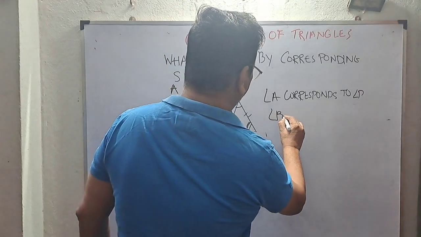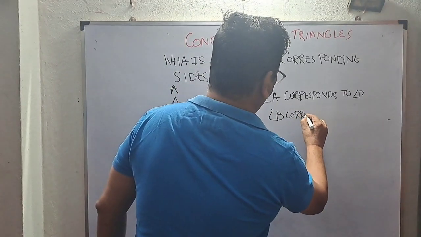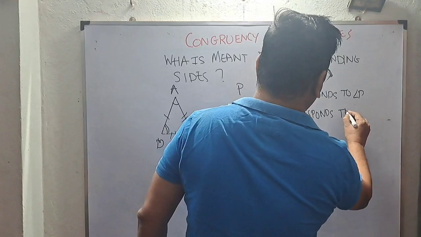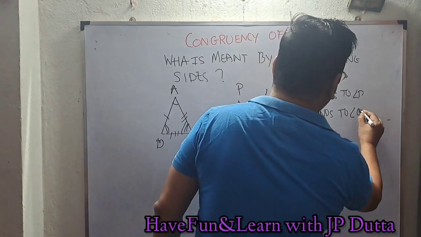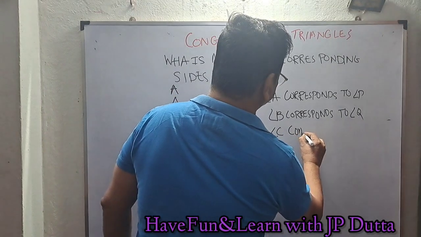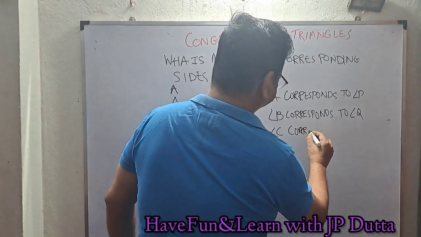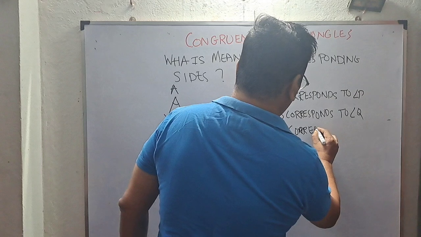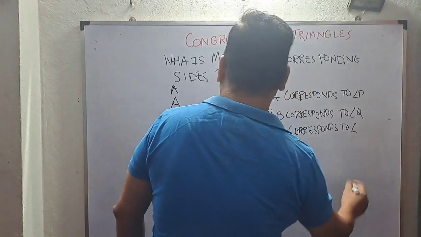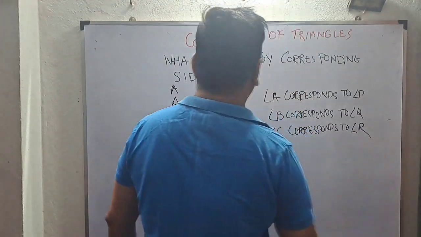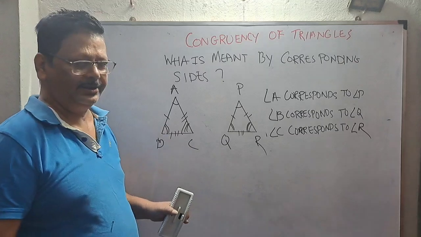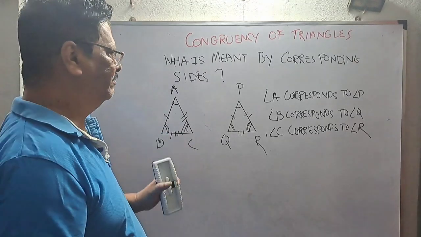Angle B corresponds to angle Q, and angle C corresponds to angle R. So the meaning of corresponding sides and corresponding angles must be very clear.